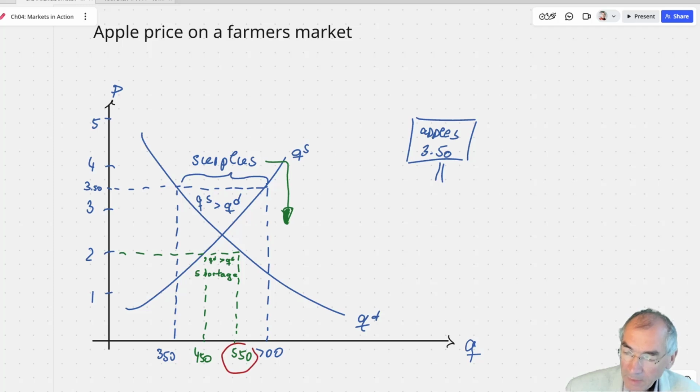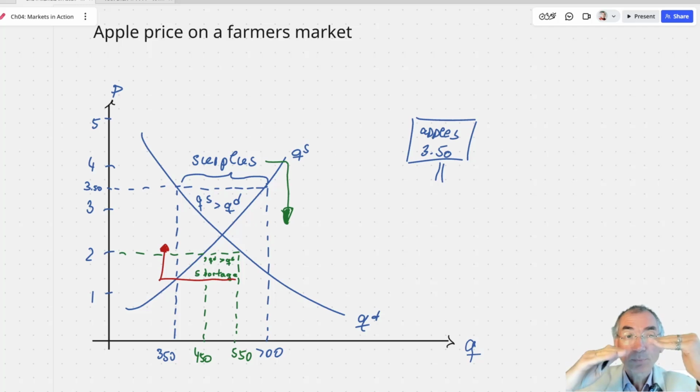Here, in this case, the consumers would like to have 550, but at the end, the farmers are only going to supply 450. That's what makes the shortage. There are not that many apples in supply as the people would like to have. And you might guess the result is that prices go up if there is a shortage.